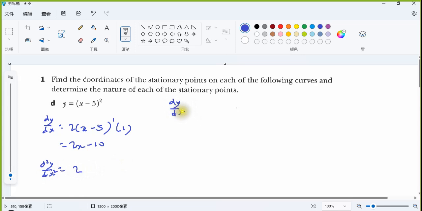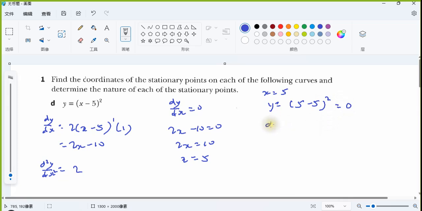So when dy/dx equal to 0, 2x minus 10 equal to 0, 2x equal to 10, x equal to 5. So when x equal to 5, y equal to 5 minus 5 squared, that is 0. And the second derivative when x equal to 5 is 2, greater than 0, so it is a minimum point. So (5, 0) is the minimum point.